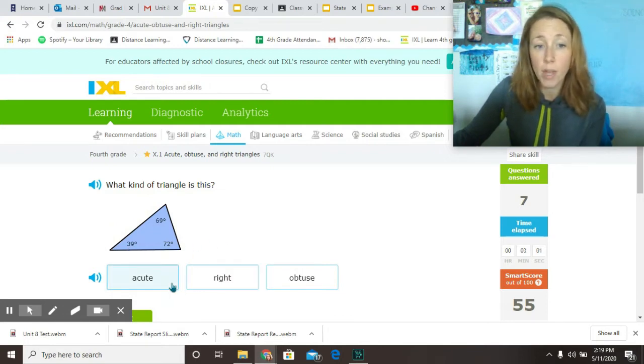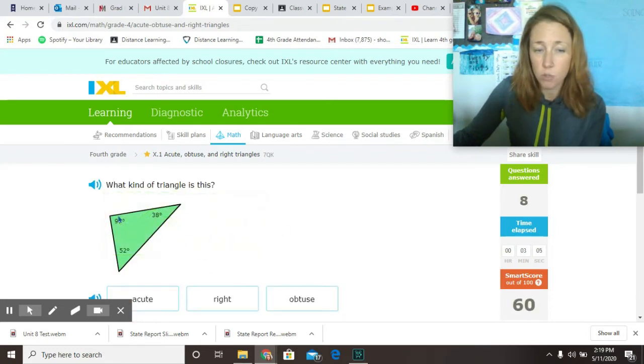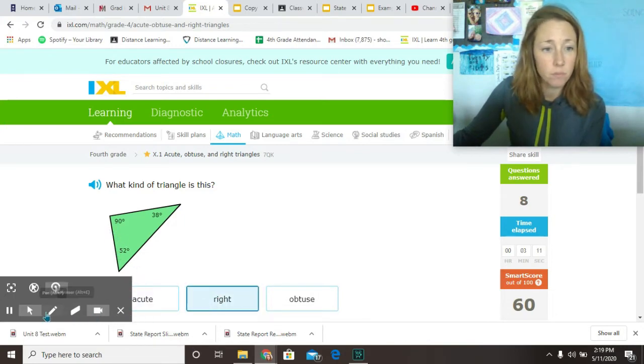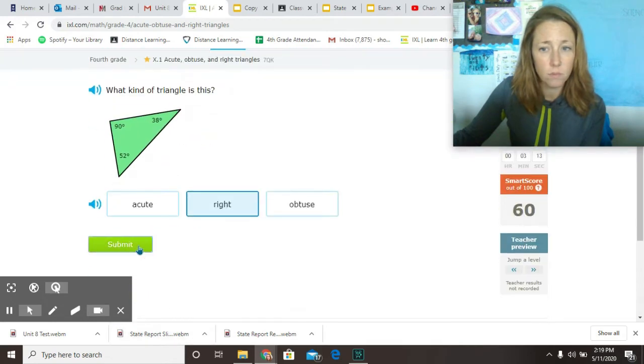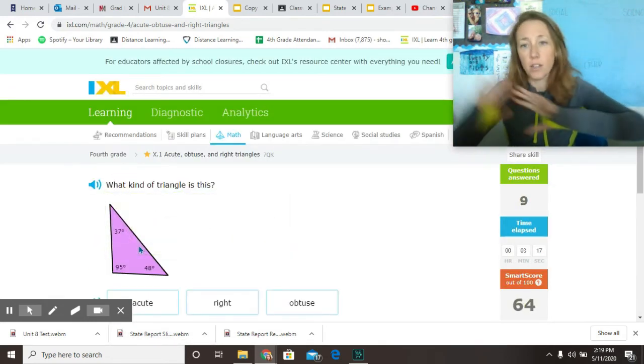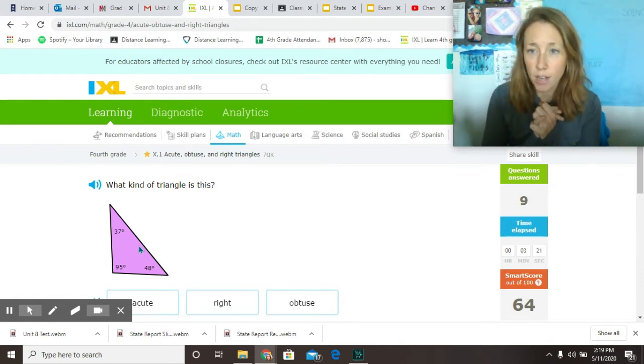Nope. So it has to be an acute triangle. Same thing with this one, I'm going to look. I see I have a 90 degrees, so that makes it a right triangle. So that's all you're doing with those. You're looking to see greater than 90, obtuse, less than 90, acute. 90 is just a right triangle.